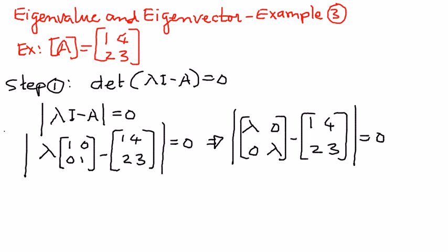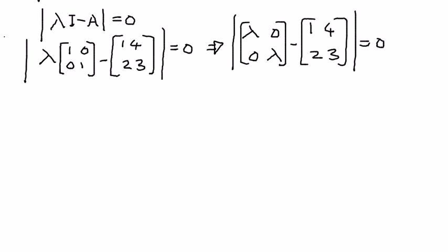Let me explain that some more. Here we're going to perform the subtraction of two matrices. That is going to be as follows: lambda minus 1, we take the first element of the first matrix and subtract the first element of the second matrix, lambda minus 1, and then we exhaust all the elements in both matrices.